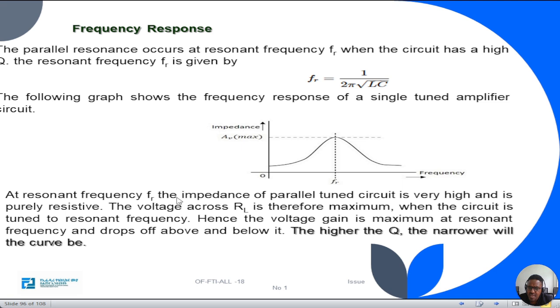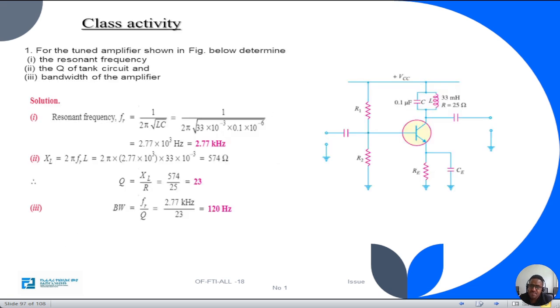At resonant frequency, the impedance of the parallel tuned circuit is very high and is purely resistive. The voltage across RL is therefore maximum when the circuit is tuned to resonant frequency. Hence, the voltage gain is maximum at resonant frequency and drops off above and below it. The higher the quality factor, the narrower the curve.